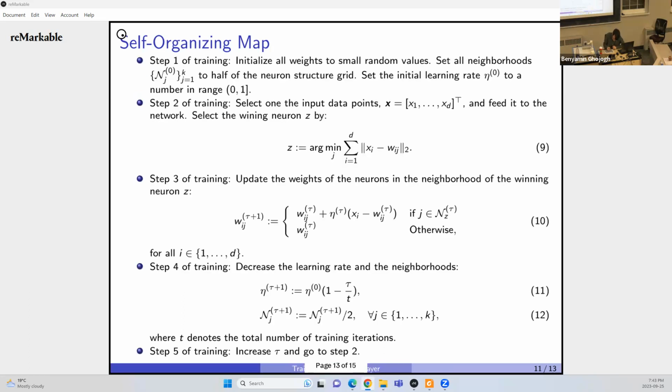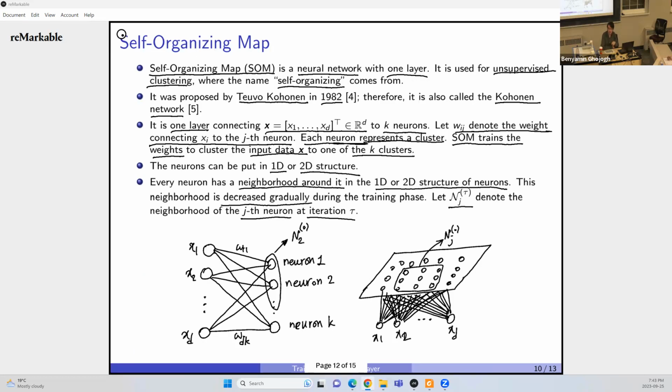Now step 1 of training. Initialize all weights to small random values. Of course, because it's an iterative optimization, we need initialization. Then set all neighborhoods. We have k neighborhoods, because we have k neurons, set to half of the neuron structure grid. What do I mean? For example, in 1D, I have k neurons, so the neighborhood length is k over 2.